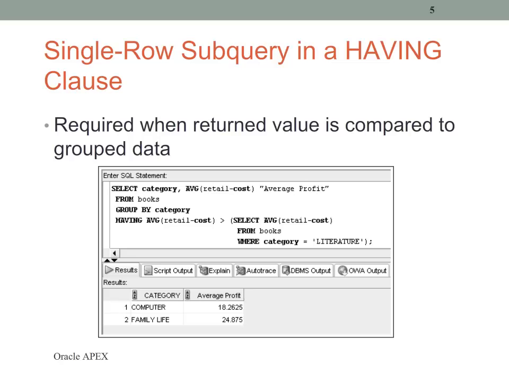It's required when the return value is compared to group data. You can also use a having clause here to insert query restrictions as needed. Notice here that the query restriction we're using is the average.